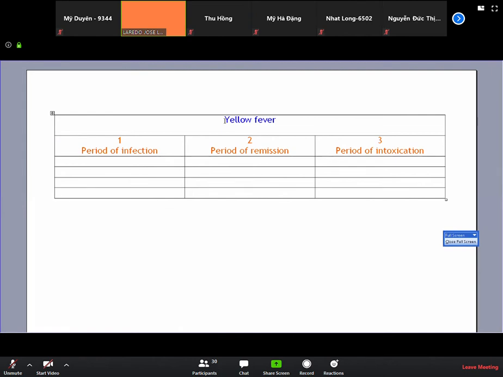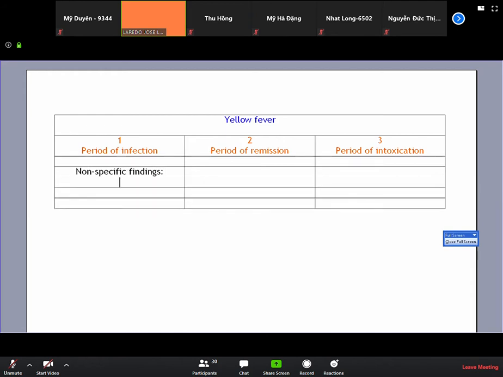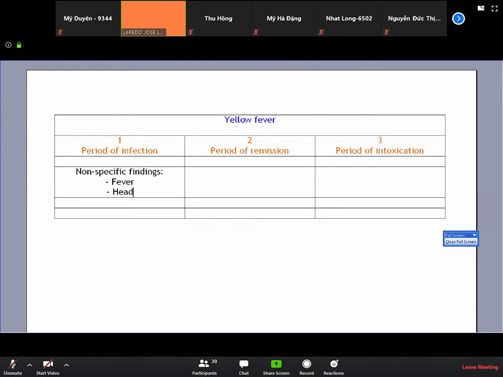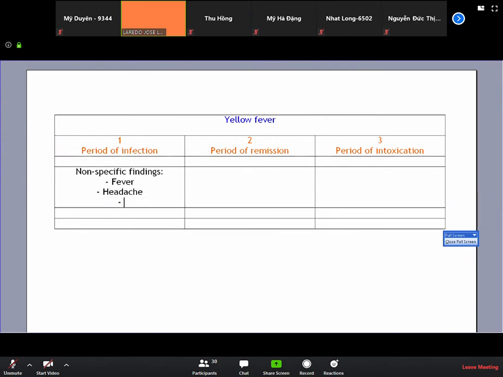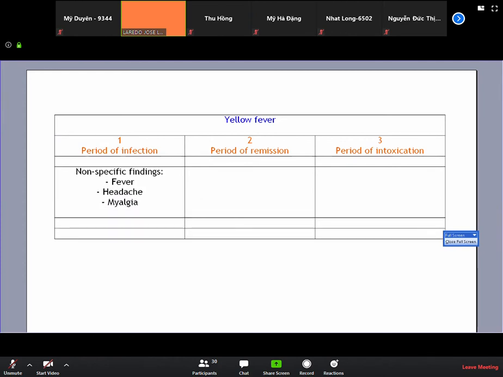The clinical findings of yellow fever can be divided into 3 periods, 3 stages: infection, remission, and intoxication. This is the worst one, the most severe. In patients with infection, the first period, this patient will show non-specific symptoms that you already know: fever, headache, myalgia, arthralgia.